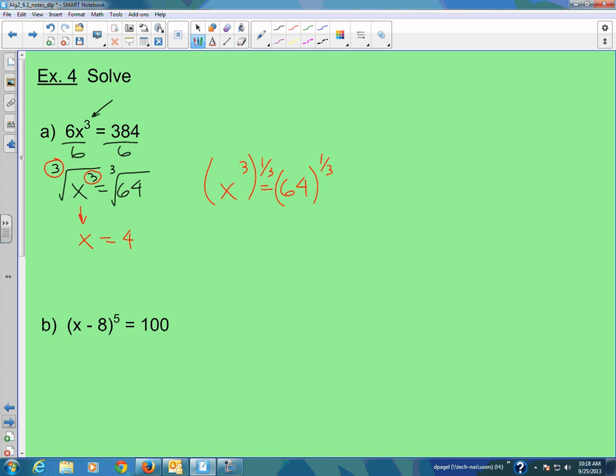So 3 times 1/3 is just x to the first. And then I have 64 to the 1/3 power, which is the cube root of 64, which gives me that 4. There will be times when it is advantageous to think about using a fractional exponent versus a root when we get into some more complicated simplifying problems.